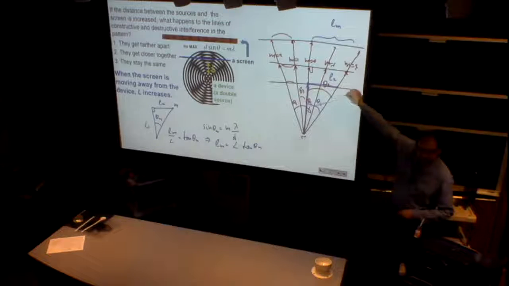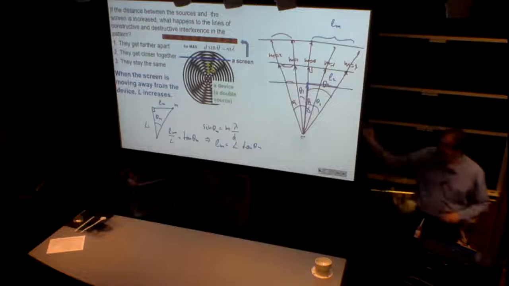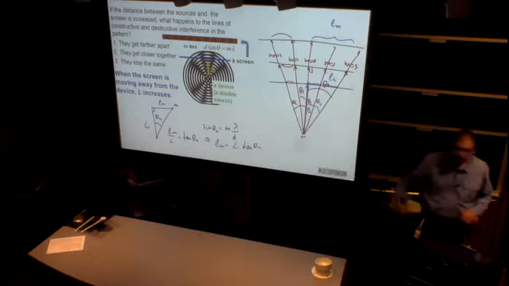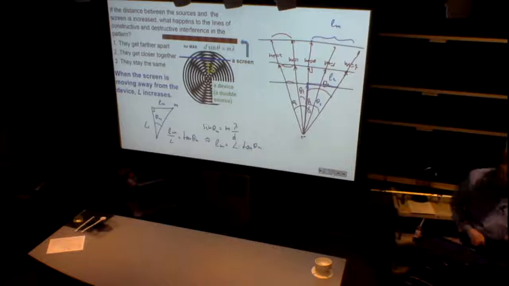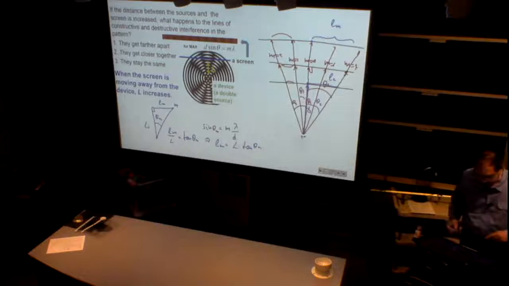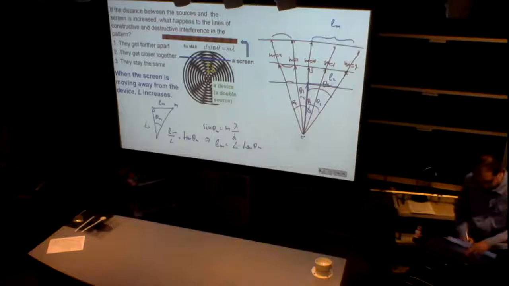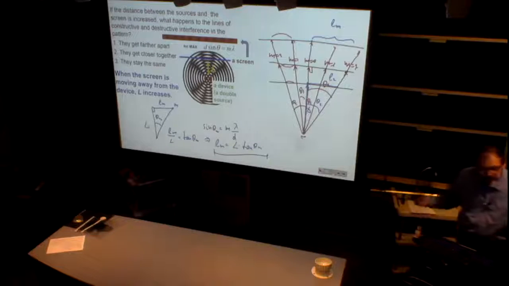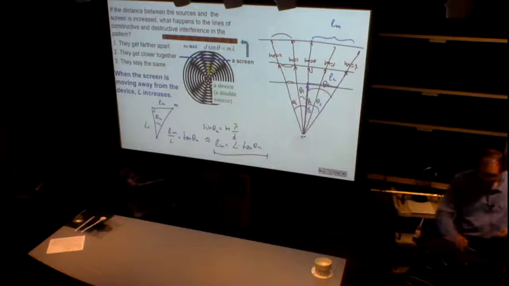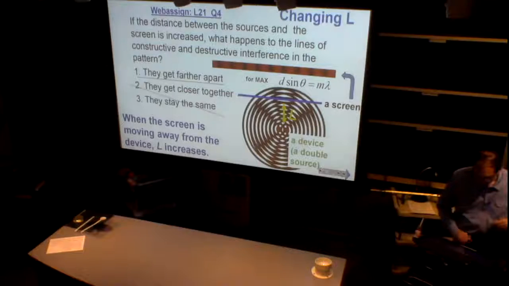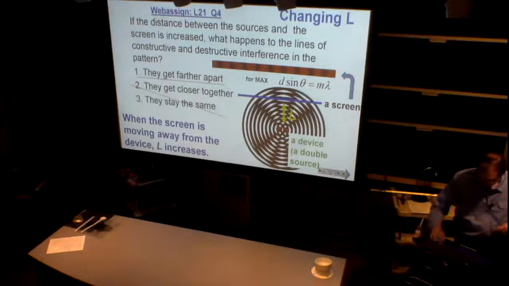So when we move it away, the length increases, the distance between the fringes increases. And this is another equation which we may need to use sometimes to solve a problem, and we will. So that's the answer.